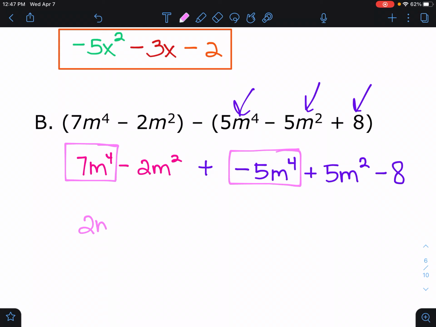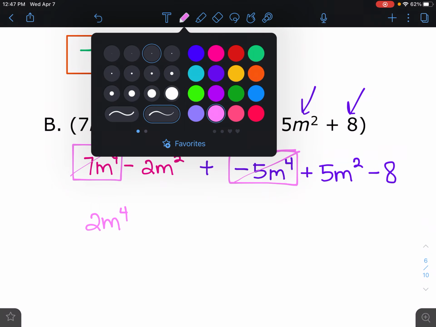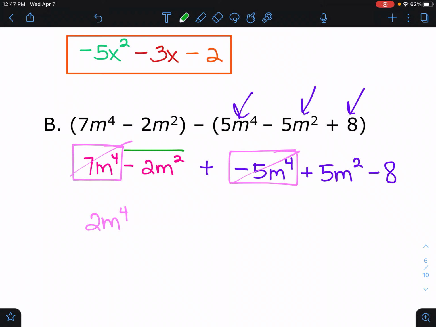That's 2m to the 4th. Okay, and then it looks like the next highest degree term would be squares. So negative 2m squared. Again, keep that sign with it that's in front of it. So negative 2m squared and 5m squared would be positive 3m squared.